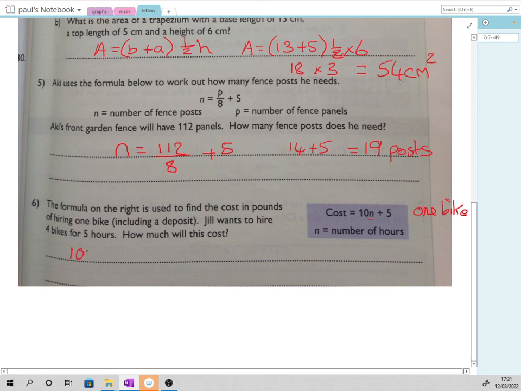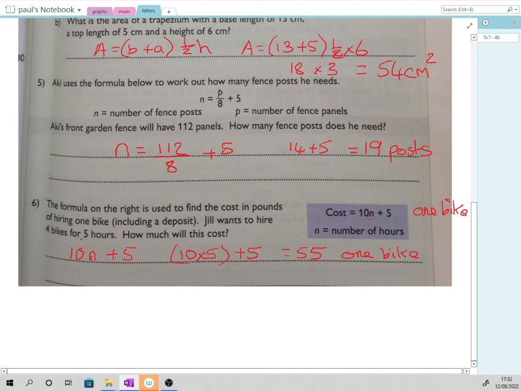So we've got 10n plus 5. This is for 1 bike. So the number of hours is 5. So this is going to be 10 times 5 plus the 5, which equals 55. So that's 55 for one bike.